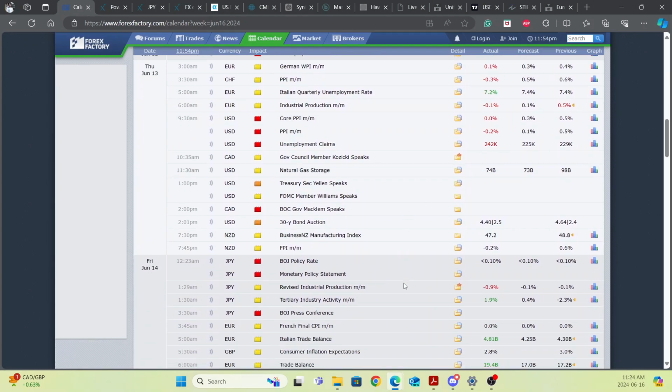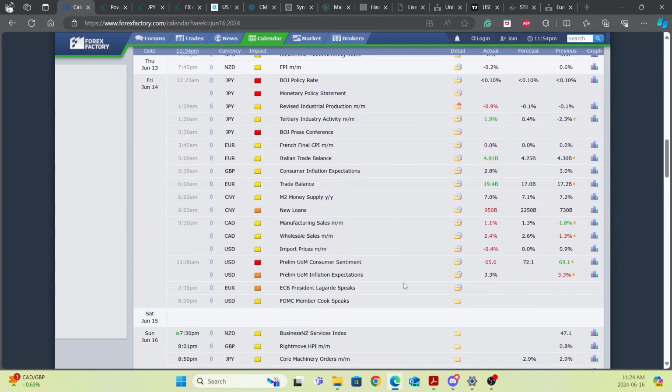And lastly, we had University of Michigan consumer sentiment coming a little bit worse than expected, but it eventually got cancelled out because the prior was revised upward from 67.4 to 69.1. Preliminary University of Michigan inflation expectations came at 3.3%.